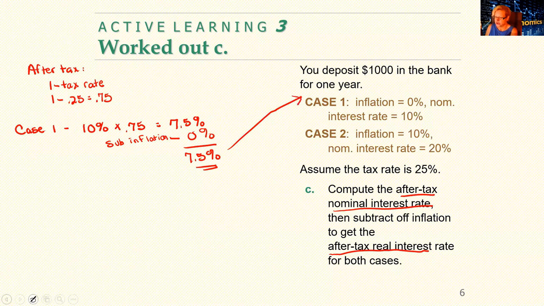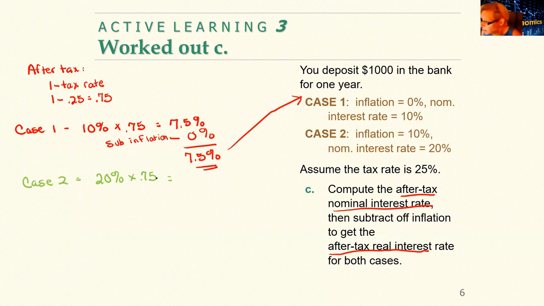Now let's do case two. We're earning 20% because that's our nominal interest rate. We're going to multiply that by 0.75 and we end up with 14 or 15. I think it's 15. This is where, when you've had a stroke, doing simple math in your head sometimes, especially when you're recording and doing all this other stuff, it's never fun.